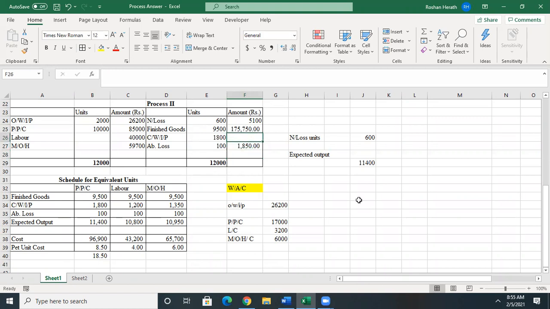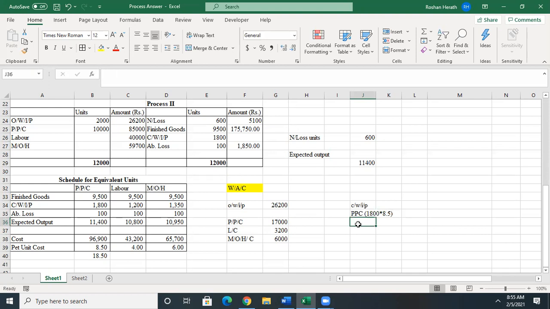And the closing WIP, you need to be a little conscious. The material, or we call it the previous process cost here. How much is that? There are like 1,800 units, the entire unit, multiplied by 8.5.